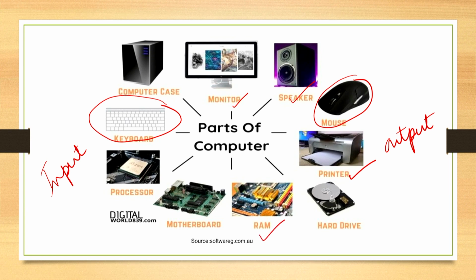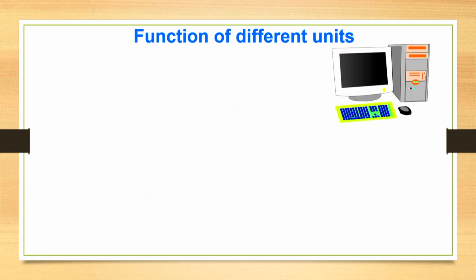RAM is used for storage, and the hard drive is also used for storage. And there is a CPU, which contains the motherboard and processor. This is called the central processing unit. So, today we will discuss only the input devices.